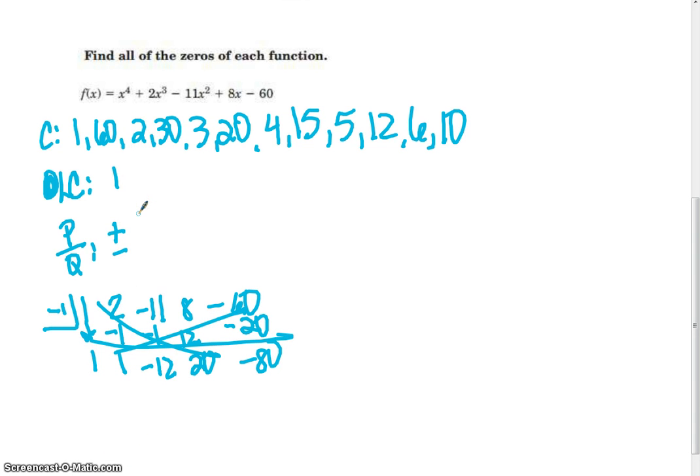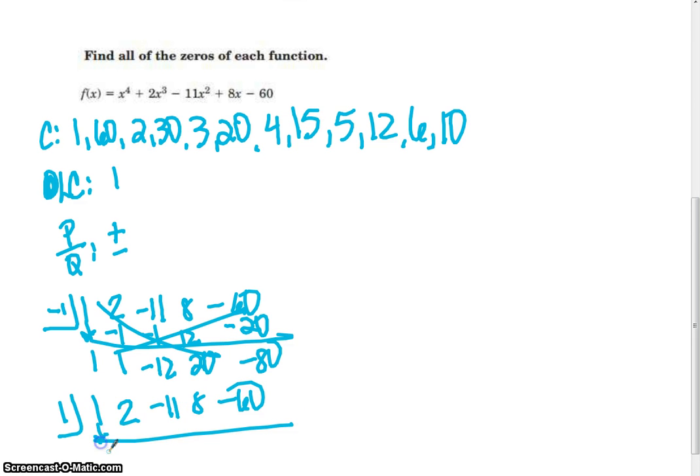So we've tried -1. Now we could try +1. We have a 1, a 2, -11, 8, -60 still. So we have 1 times 1 is 1. This makes it 3, 3, -8, -8, 0, 0, -60. All right, neither one of your 1s work, so this is gone.